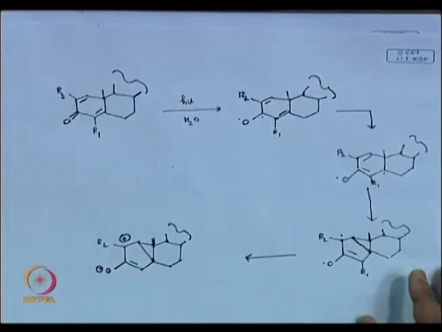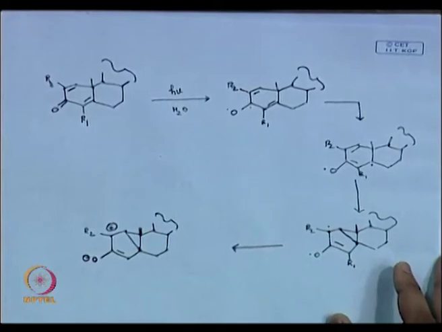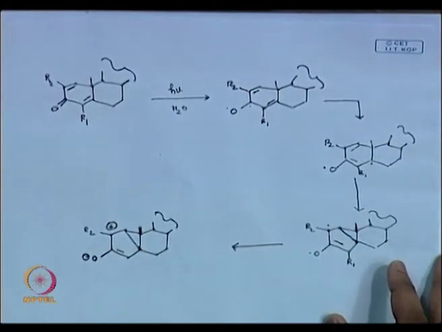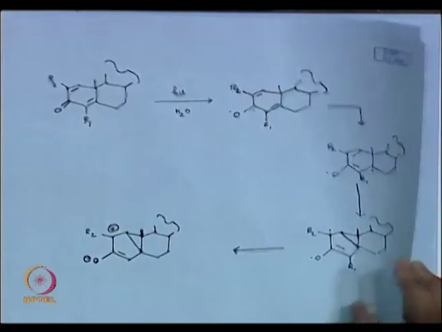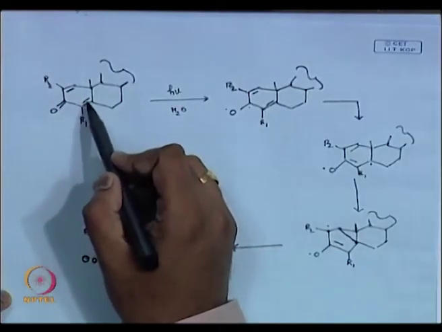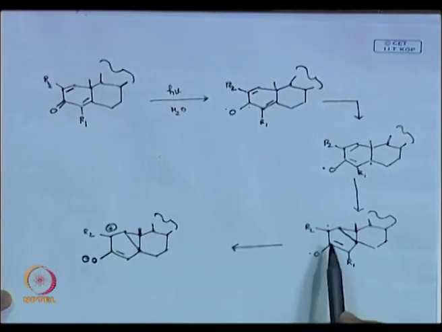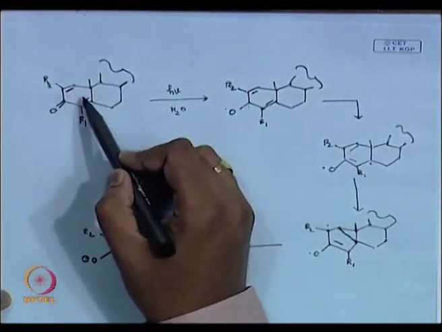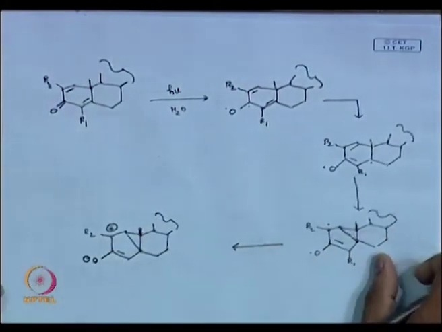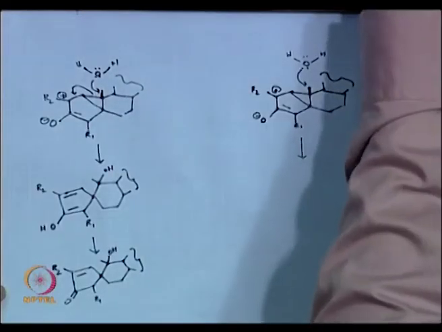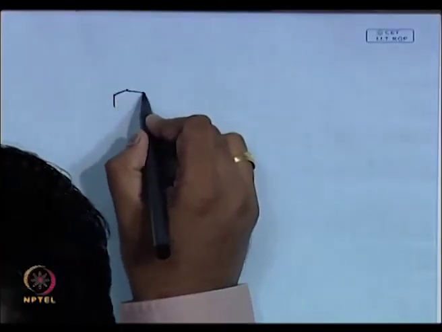Can you try? Say you can think of stabilizing this side and creating a zwitterion on the other side. Basically, you will end up with a system like this.